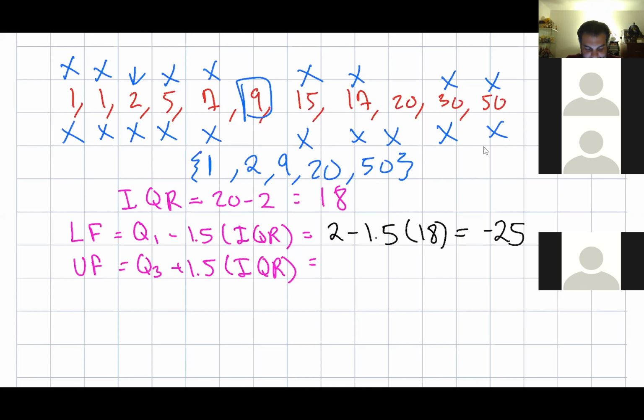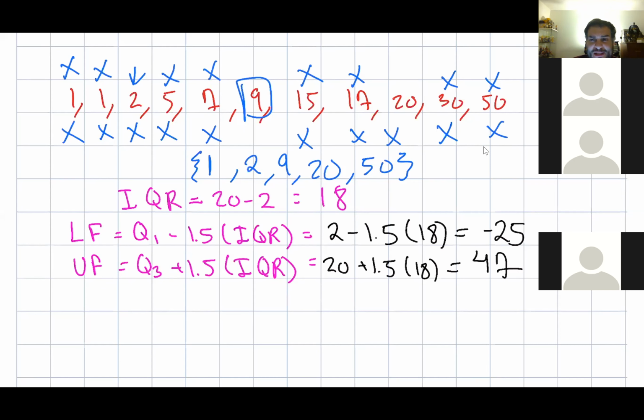My upper fence will be Q3, which is 20, plus 1.5 times 18. So 20 plus 1.5 times 18, and you get 47. Any questions so far on the lower fence or the upper fence?